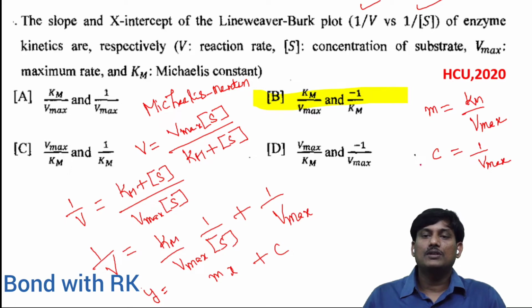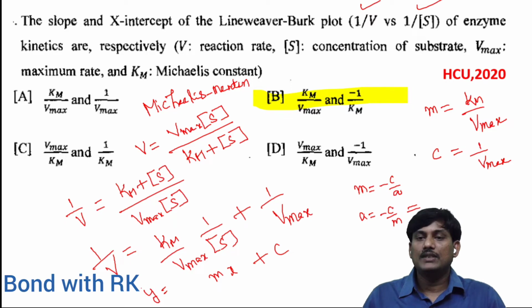If you want the x-intercept, this is the y-intercept. Let us take a as the x-intercept. Then the relation is m is equal to minus c by a. So a is equal to minus c by m. Here c is 1 by V max, so minus 1 by V max divided by the m value, Km by V max.